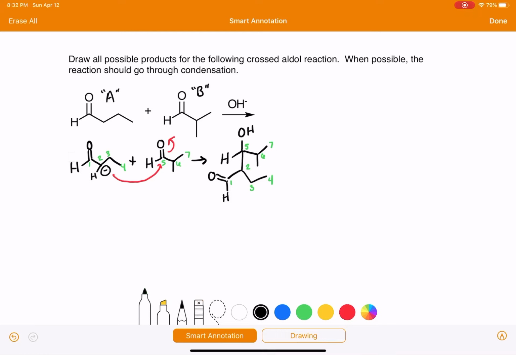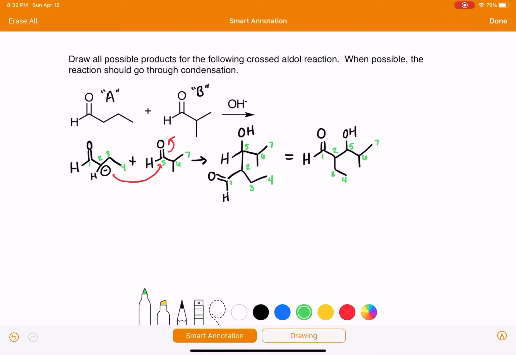This is so easy with an eraser. So we get this guy. And then I'm going to redraw this looking nice and clean. Carbon 1, 2, 5 has the OH, 6, 7, 3, 4. So there it is, nice and pretty.